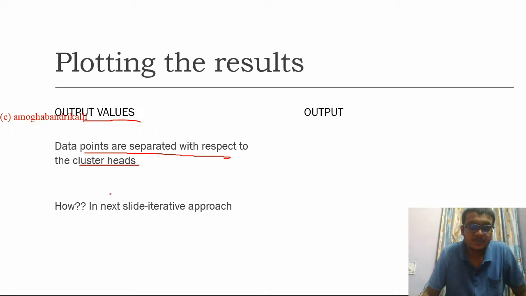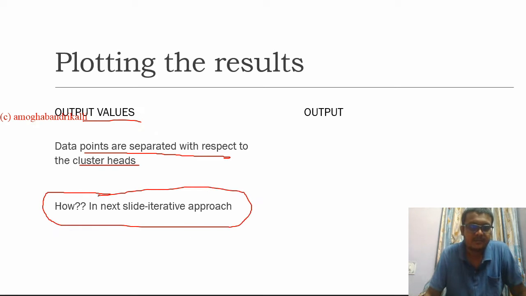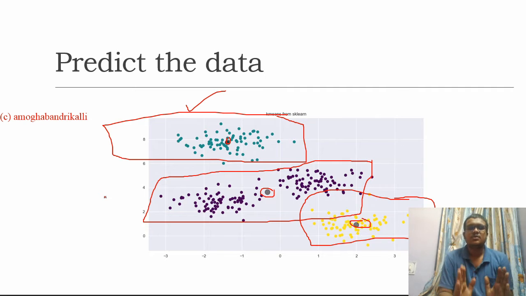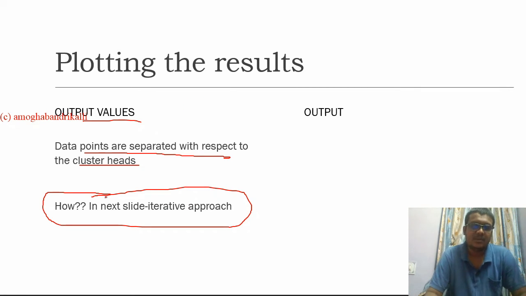So then how is it going to make this? This is an easier concept. K-means is very much easier. We need to find the distance between the points and the cluster heads, and based on that, we need to make a division. So that is simple. This approach is called an iterative approach.